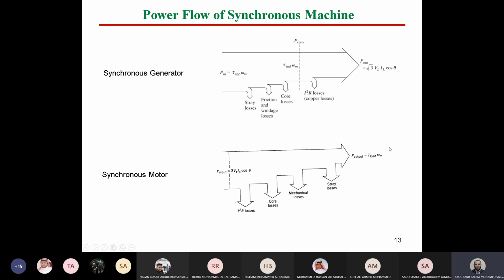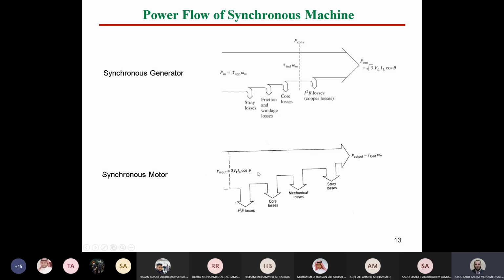If it is a motor, Shabab, as you can see, the power will be reversed. So you will have supply on the stator side, which is 3. Sorry, here it's written as a line, here it's written as a phase. So 3 V terminal here is phase. Okay, you have to recognize that it is either 3 V phase, or square root of 3 V line, I phase cosine theta.